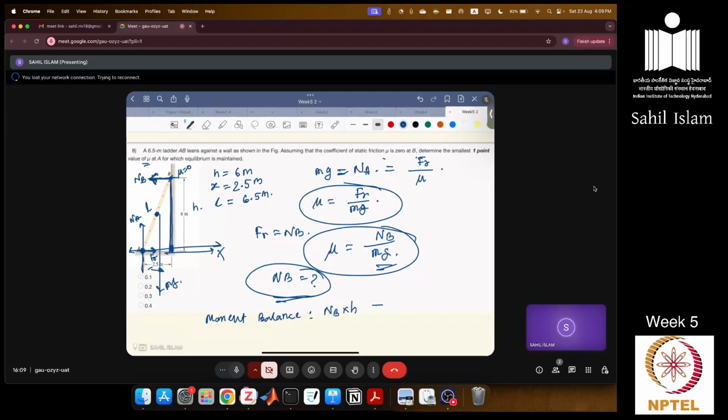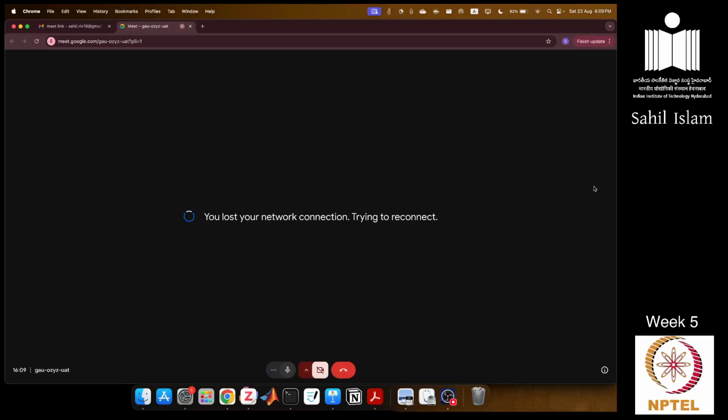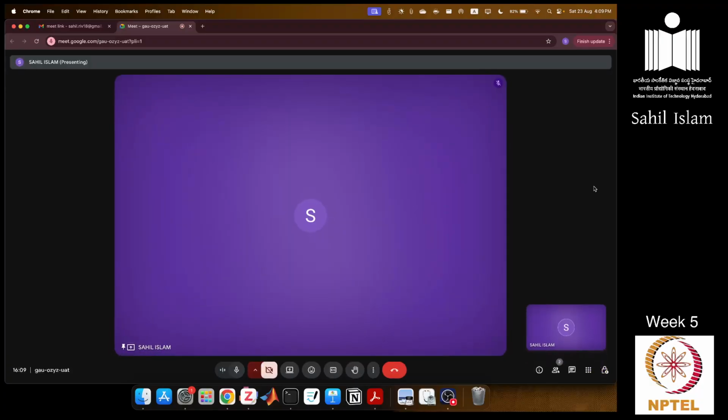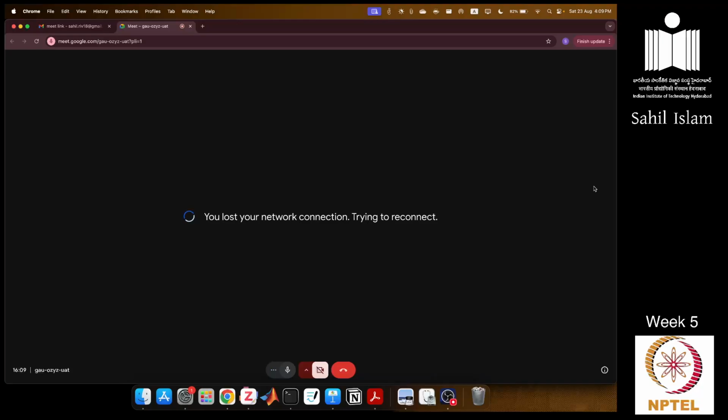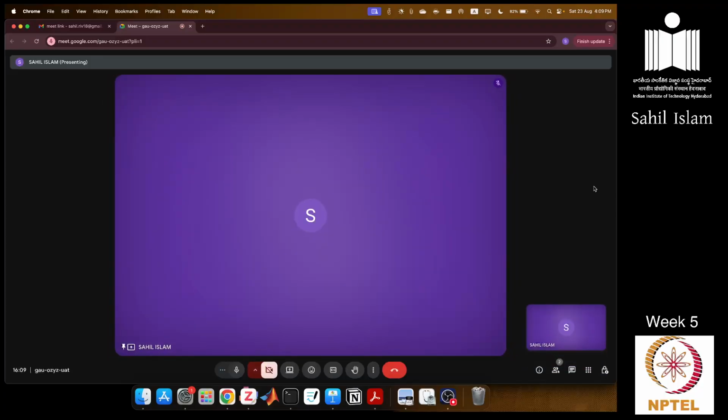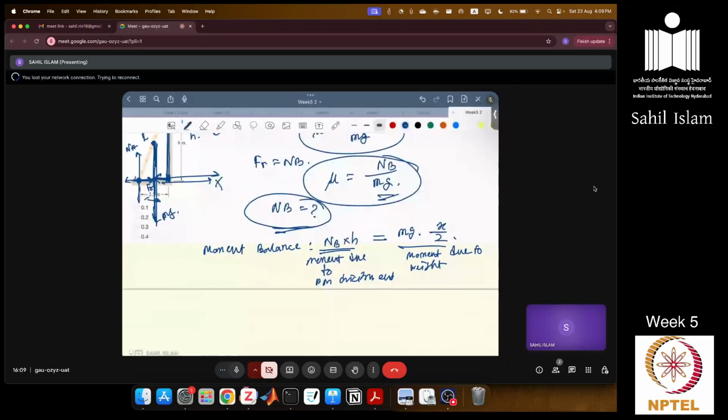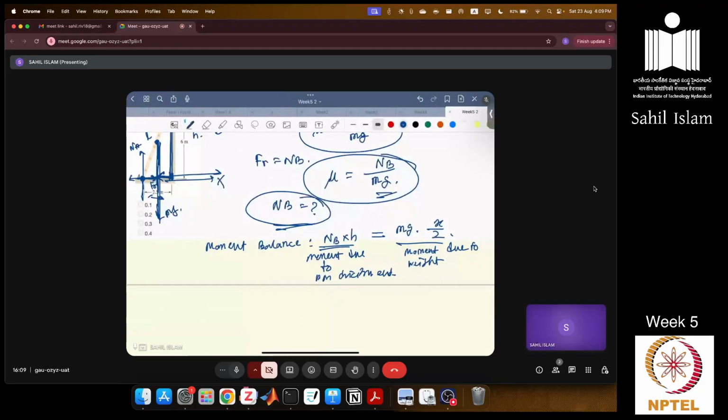This is the moment due to gravity, due to weight, and this is the moment due to normal force N. So from here Nb we got mgx by 2h.